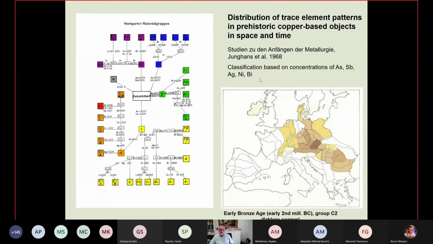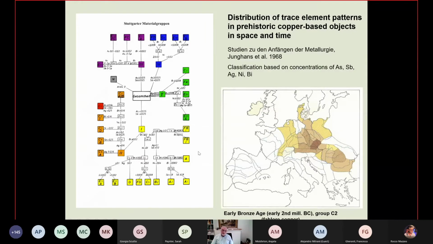And now, this is a summary of a very large study of 22,000 chemical analyses, by atomic emission spectrometry, of prehistoric copper objects from Europe and the Mediterranean, some of the Near East. It turned out that these analyses could be classified, could be differentiated into some 30 different types of copper.